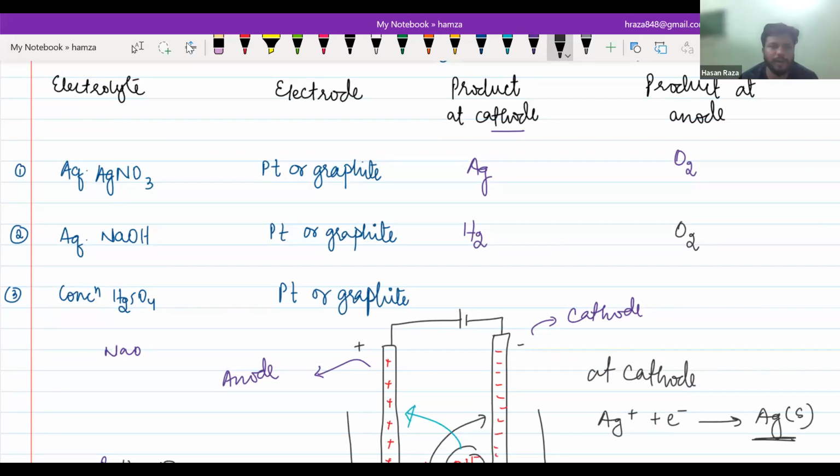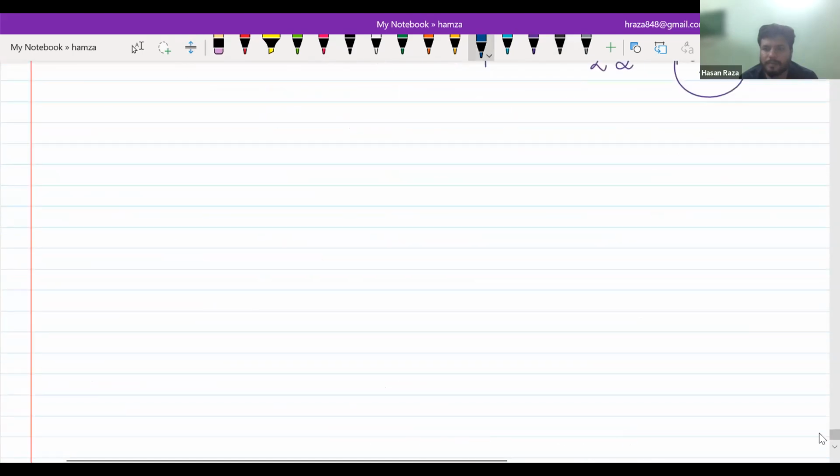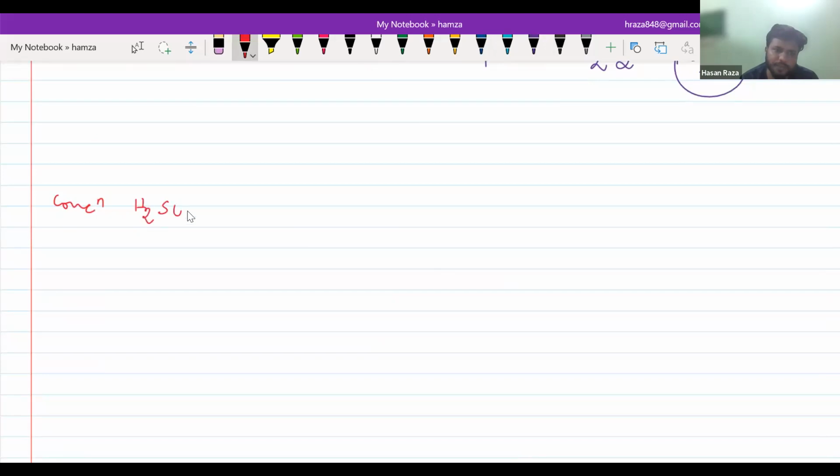Now see, I'm going to explain concentrated H2SO4, which is very easy. Very good. When we talk about concentrated H2SO4, you know that this is H2SO4, and when it is dissociated, it will be 2H plus and SO4 minus 2.